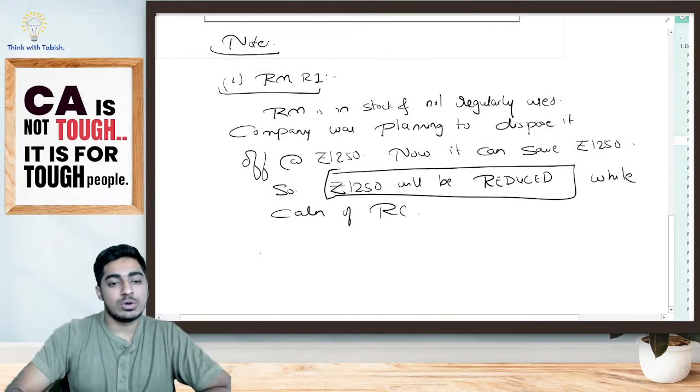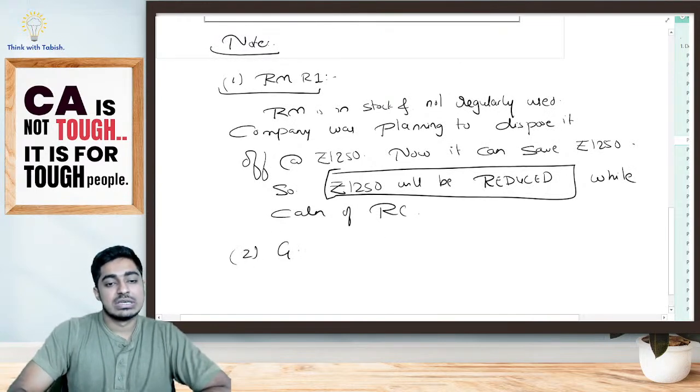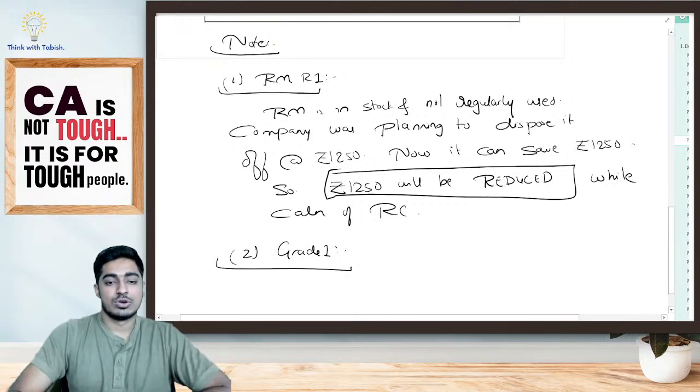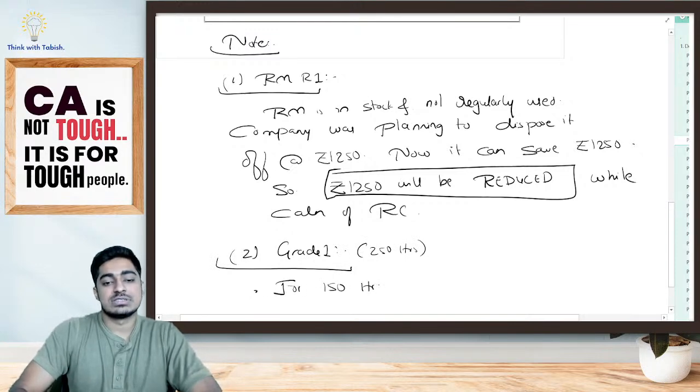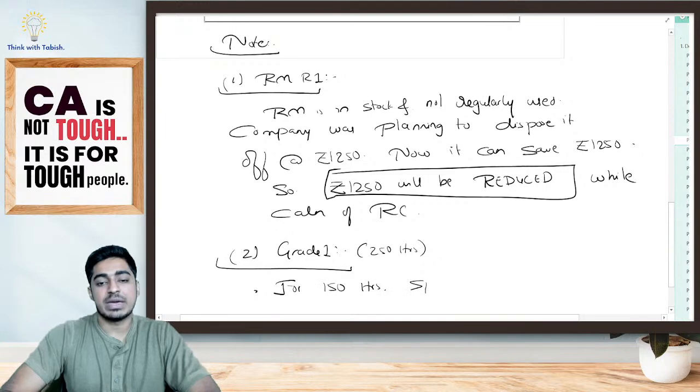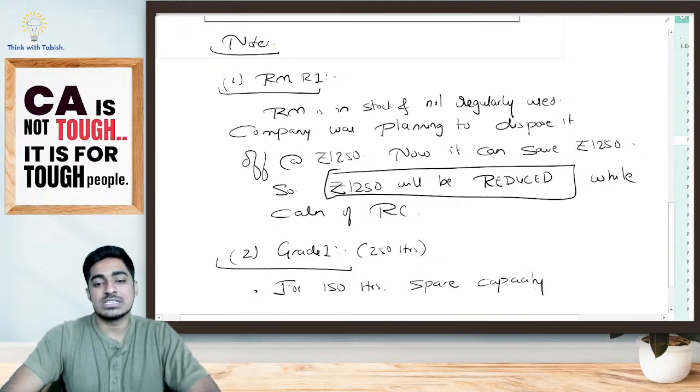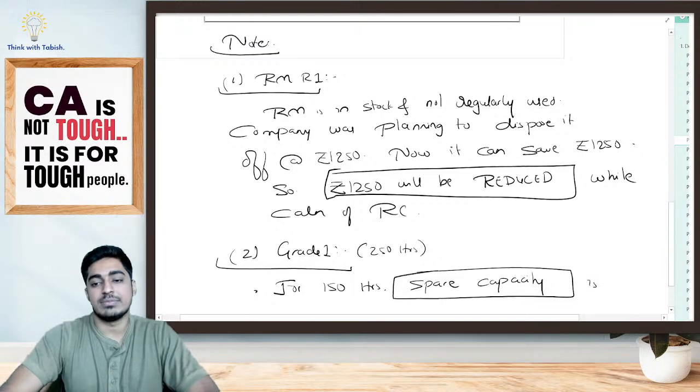Next we have grade 1 employees. Total 250 hours. For 150 hours, spare capacity is available. All these keywords you need to highlight. Spare capacity is available.